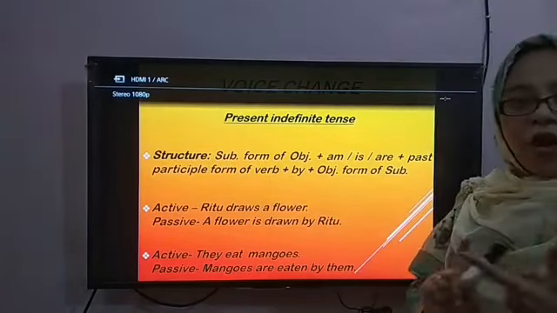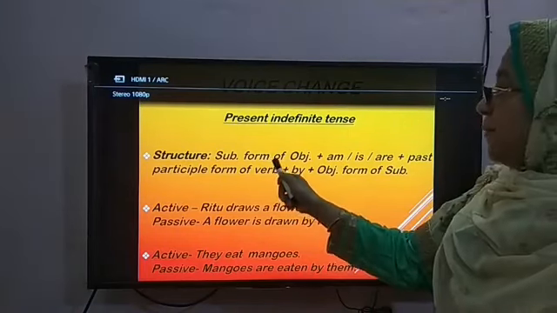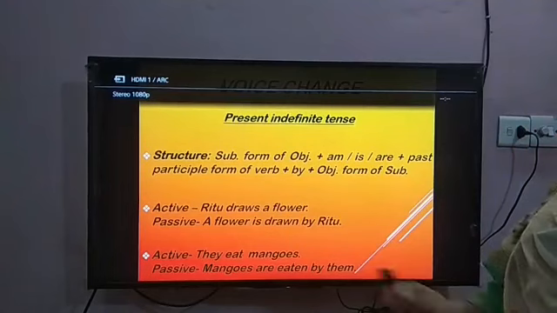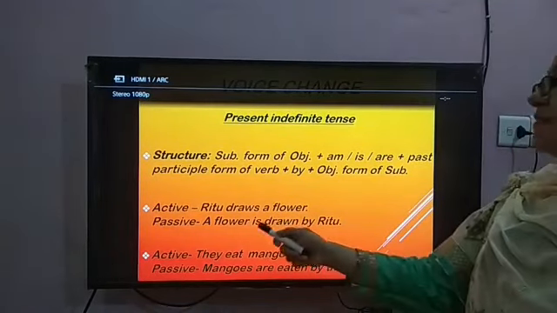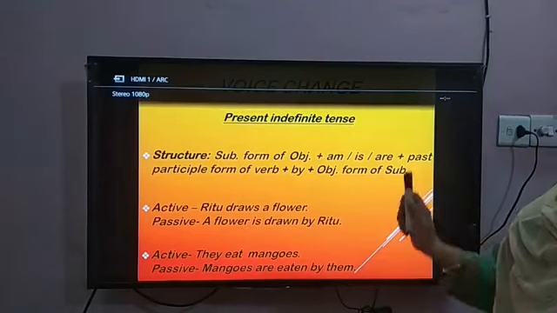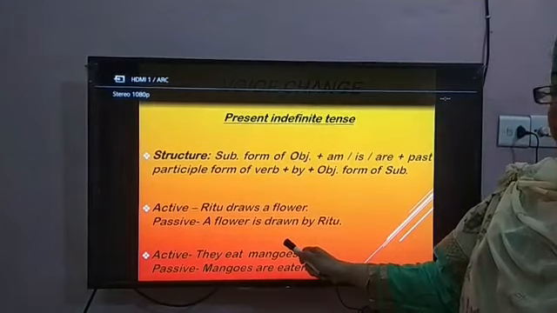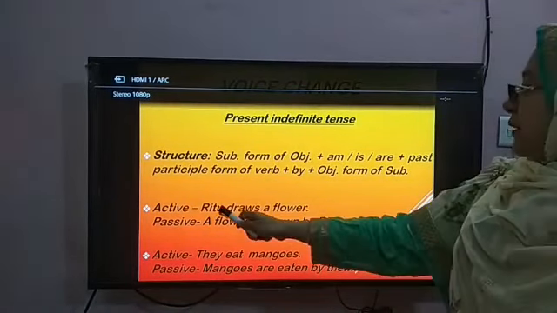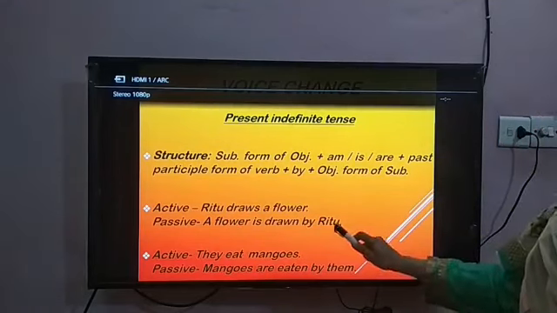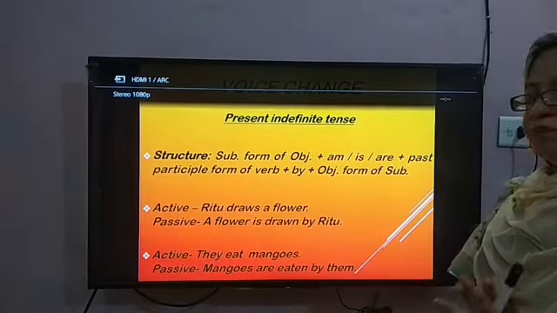When we turn it into passive, subjective form of object plus be verb, that means am, is, are, which is suitable for the subject, plus past participle form of verb, that means drawn, plus by, and then objective form of subject. Here Ritu, so Ritu is in here.